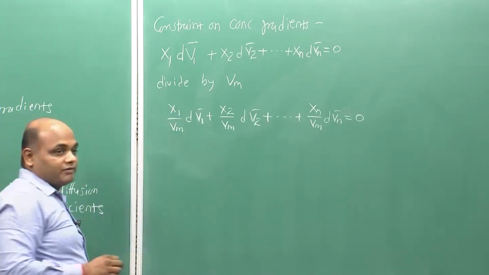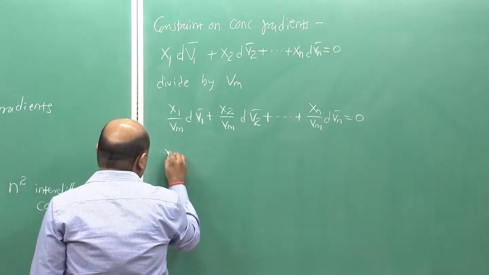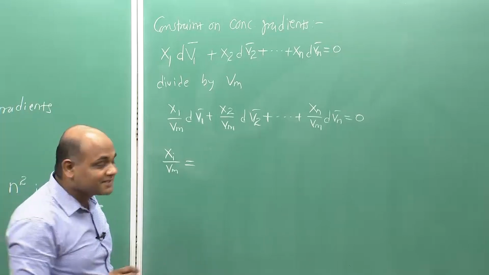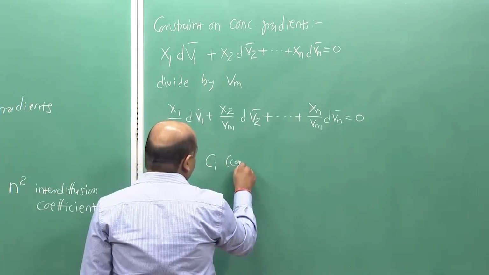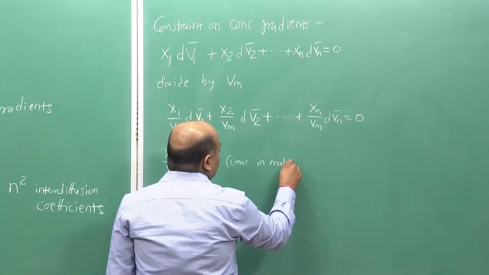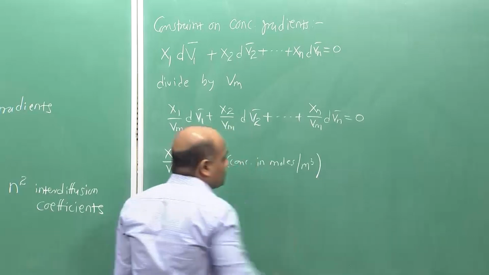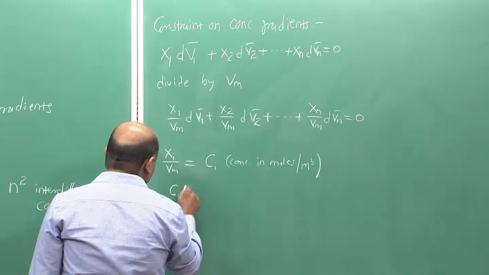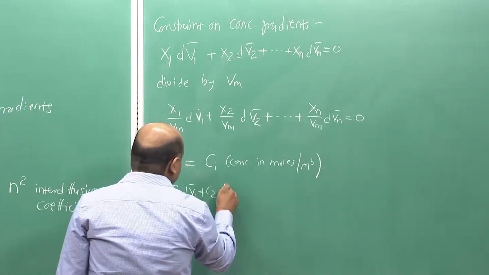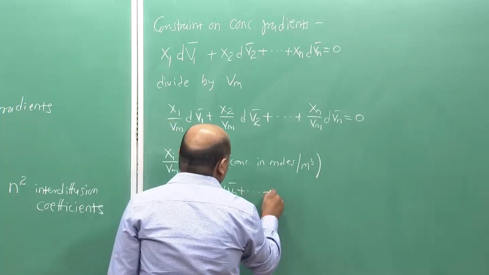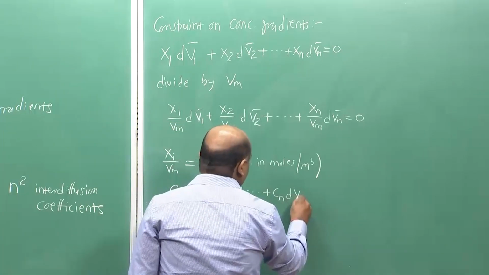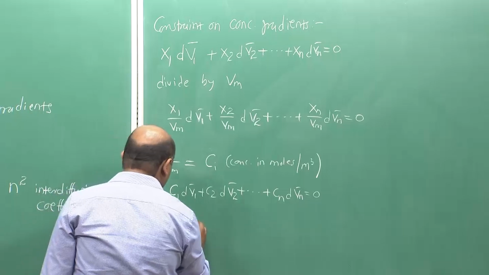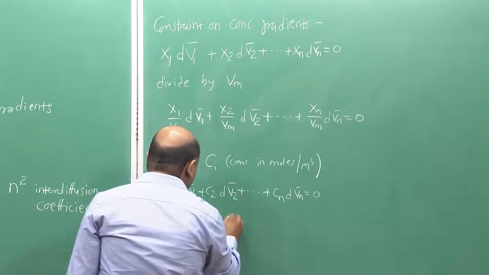Now what is xi over Vm? It is Ci, right, where Ci is the concentration in number of moles per volume unit, meter cube or centimeter cube, right. So, we can write C1 dV1 bar plus C2 dV2 bar plus Cn dVn bar equal to 0, which means sigma Ci dVi bar equal to 0.